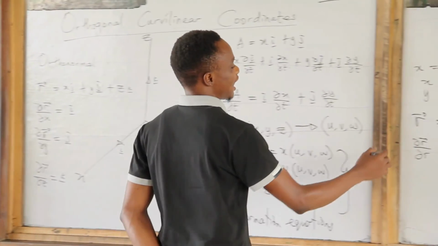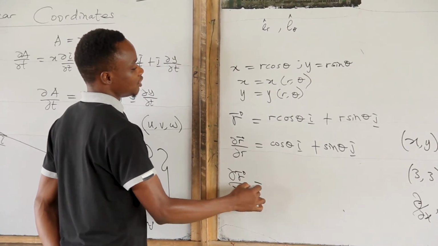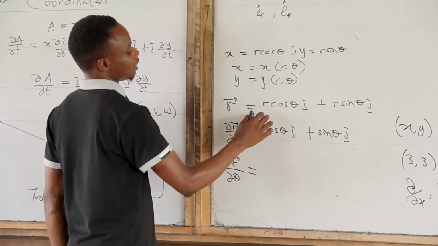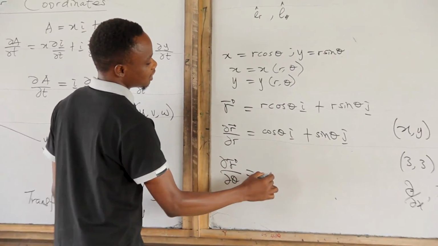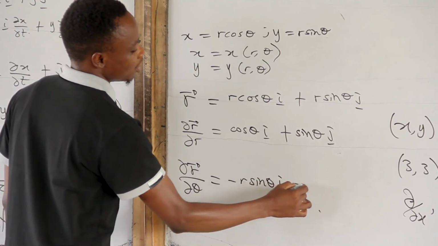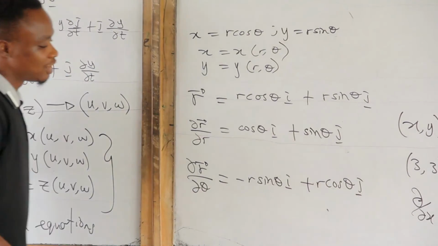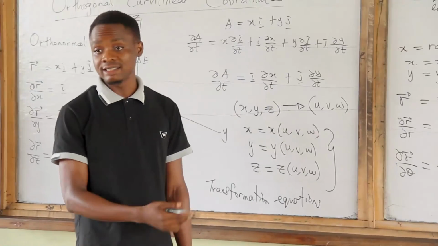If I then do del r del theta, what does it give me? That will be minus r sin theta i plus r cos theta j. What will be the magnitude of this? Is this 1?